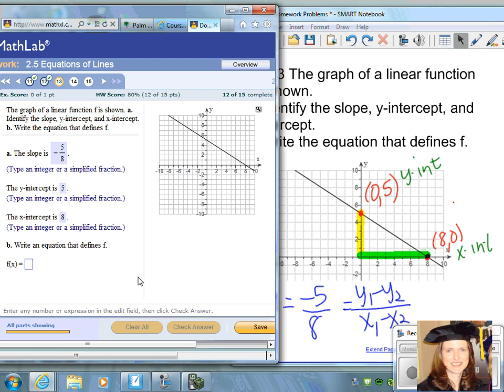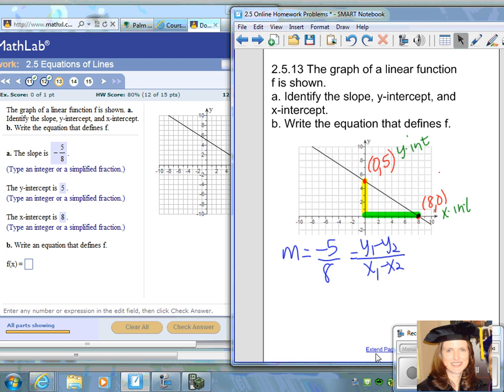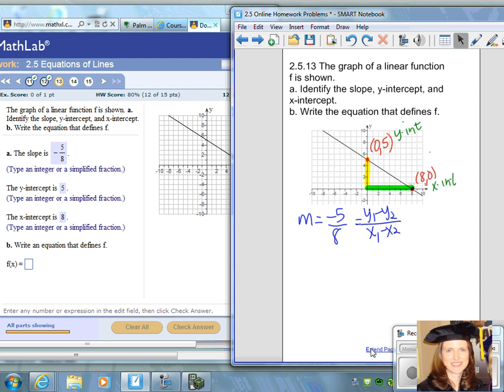Now to write an equation that defines f, it is f of x equals something. To find the equation of the line, we are going to use the slope-intercept form. If we know that y equals mx plus b, where m is the slope, so this is what we're going to use for m, and b is the y-intercept. For b, we're going to use positive 5.